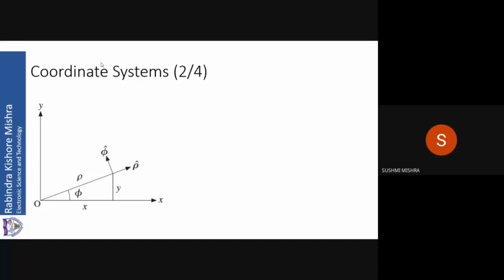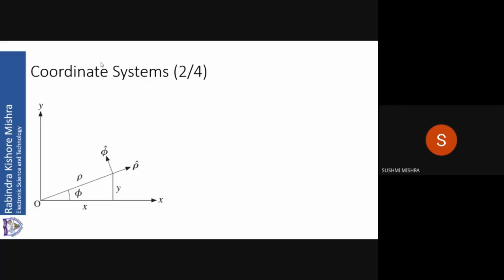We are looking at the XY plane. In the XY plane, we have the rho vector of the cylindrical coordinate system. Phi is there. The unit vector for rho is rho cap. The unit vector for phi is phi cap. Those are shown here, and X and Y also are shown.